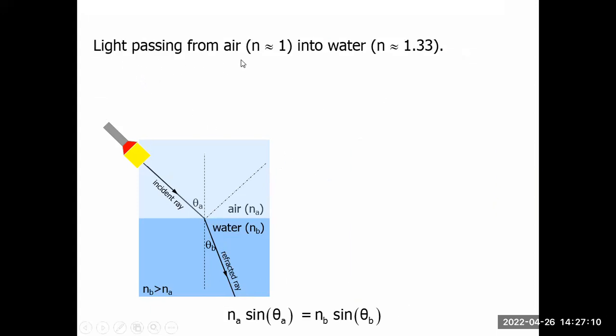Light passing from air, n is equivalent to 1, into water, n is equivalent to 1.33. So, i-apply lang natin. 1 sine angle A equals 1.33 sine angle B. Provided naman yung mga angle kung ano yung mga given.